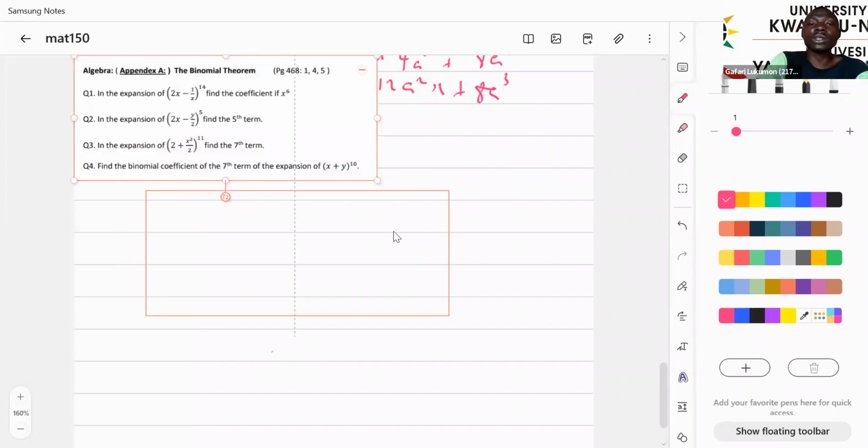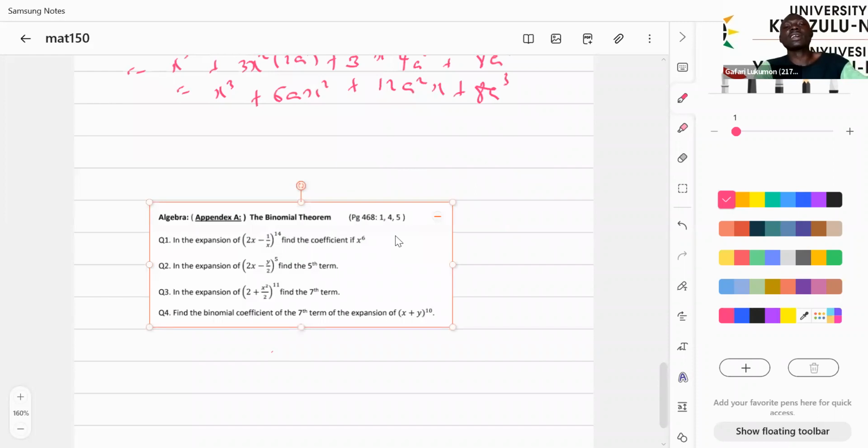Can you see this question? Does anybody have an idea? The first question you have in this expansion: find the coefficient of s raised to 6.